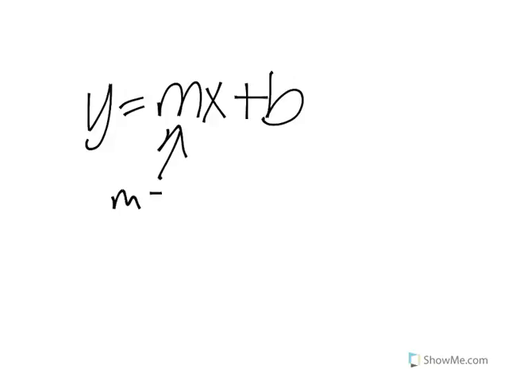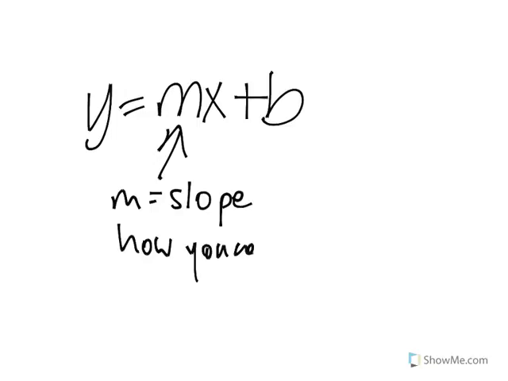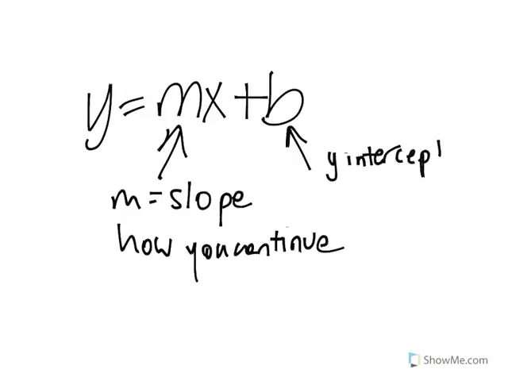Remember, m is slope, or how you continue. And b is the y-intercept, or where you begin. B for begin, remember? Begin, B. All right.